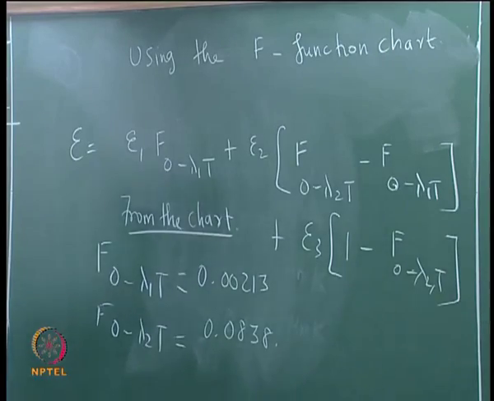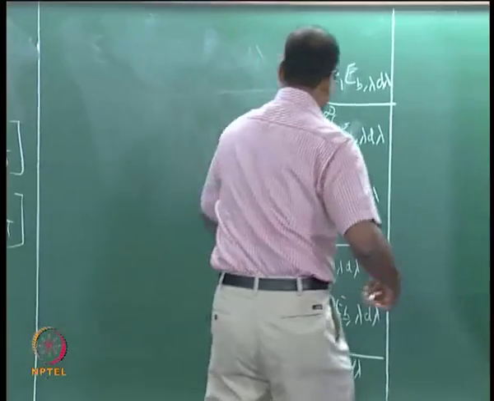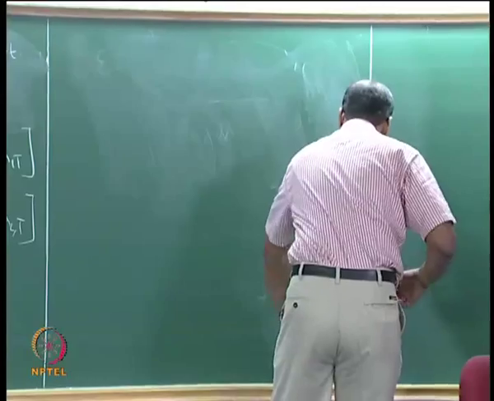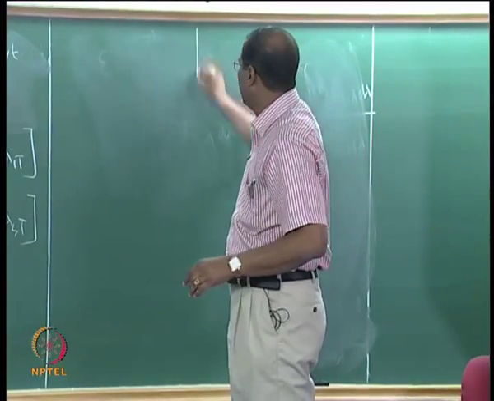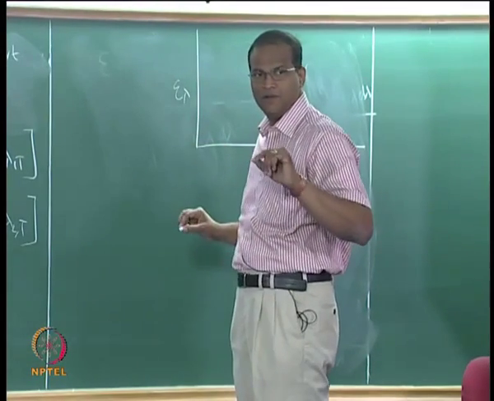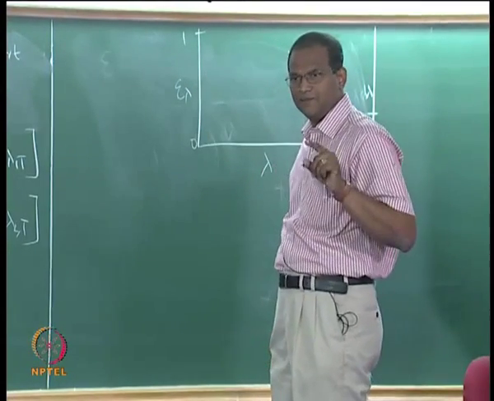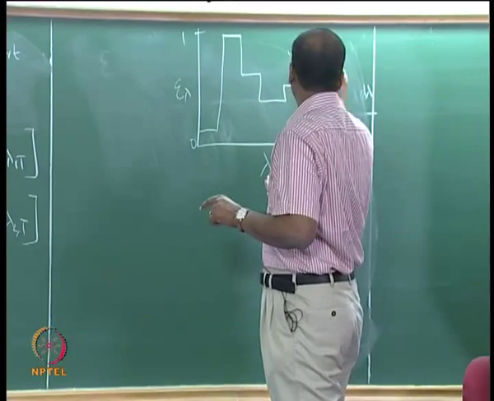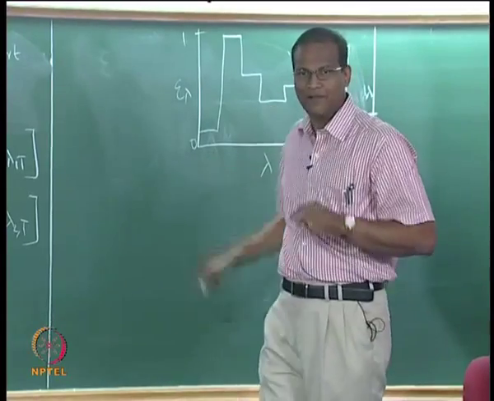Now we will insert all these values into the expression for hemispherical total emissivity. Before that, this varies from 0 to 1, right? If I don't like you, I can give something like this in the exam.